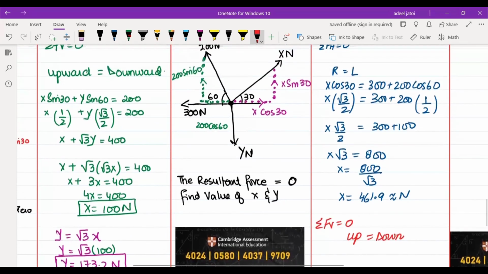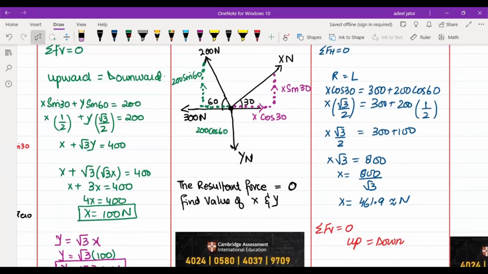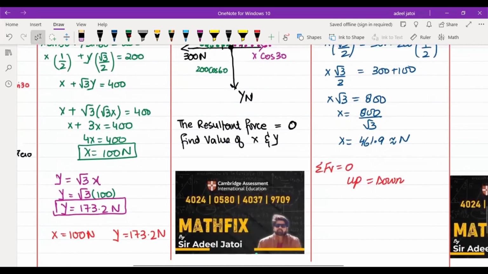The forces that are acting upwards are 200 sine 60 and x sine 30. So 200 sine 60 plus x sine 30 is equal to the downward force, which is y.